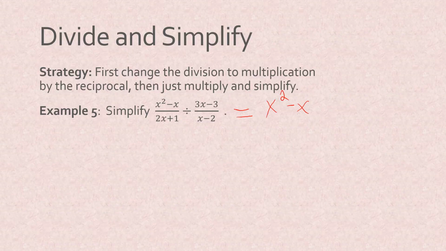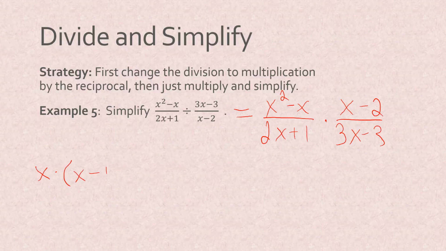x squared minus x all over 2x plus 1 times the reciprocal, which is x minus 2 over 3x minus 3. Now we just do what we did in the previous example, which is factor each numerator and denominator and cancel out any common factors. So if I just quickly factor the first fraction, there's only a GCF of x in the top, and this is a linear factor.